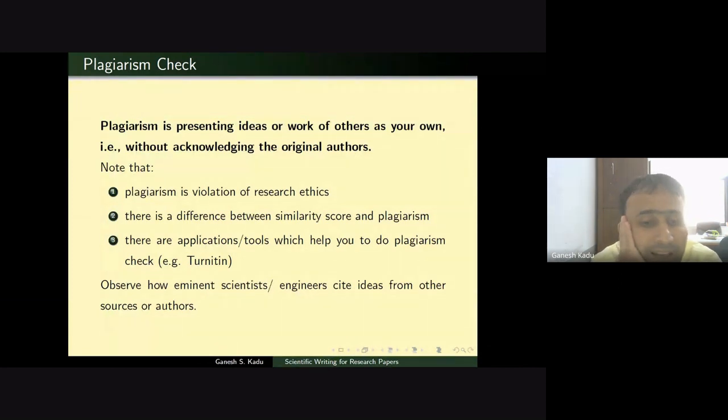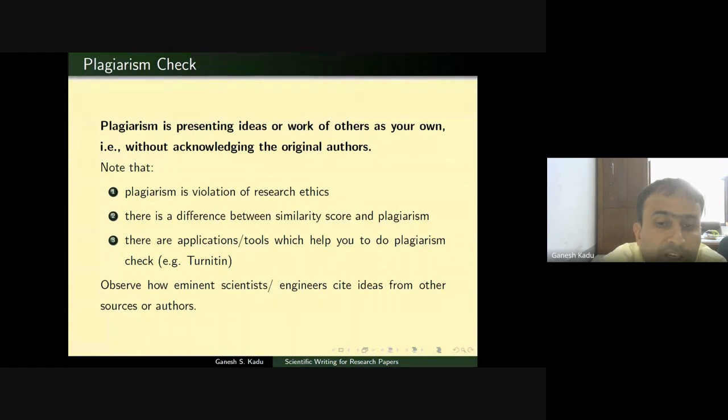One way to avoid plagiarism is to use these tools such as Turnitin, because unknowingly maybe you have proved some formula that's already there in the literature and you don't know about it. Then the plagiarism check will take care of this. By using plagiarism check, you might come to know of an article where some such thing has already been done, or has already been discussed maybe.